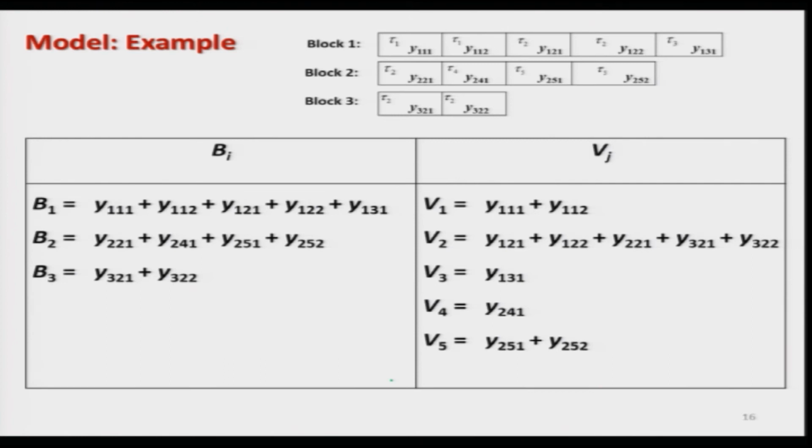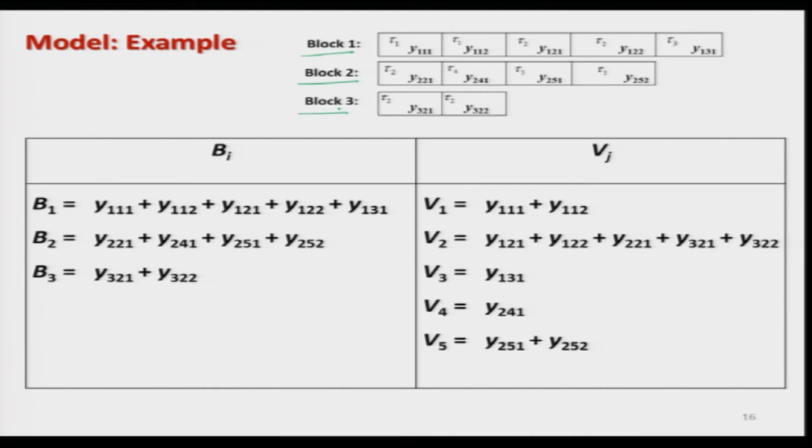Now, how are you going to obtain the block totals and treatment totals from here? There are going to be 3 blocks: block 1, block 2 and block 3. If you take the sum of all the values occurring in block 1, block 2 and block 3, they are going to give you the respective block total.